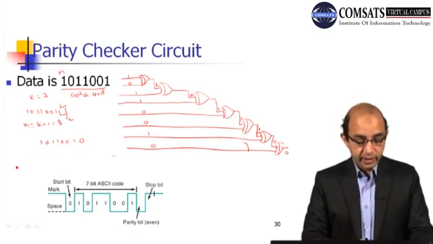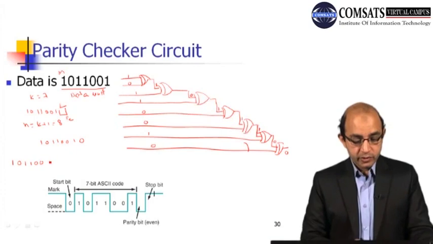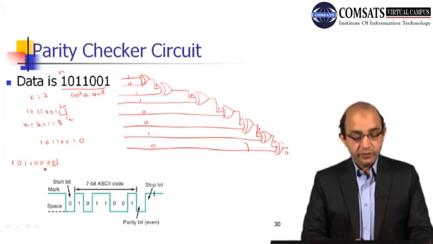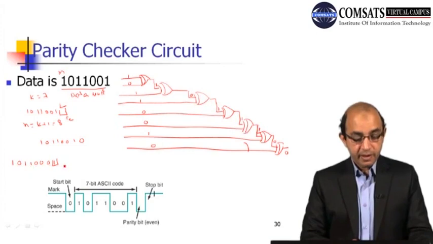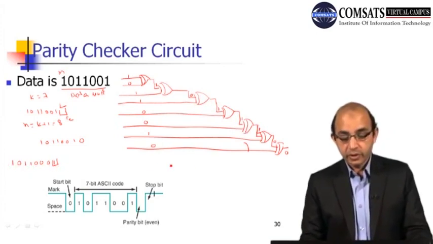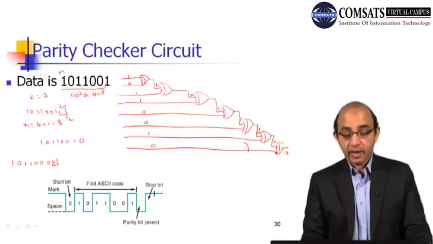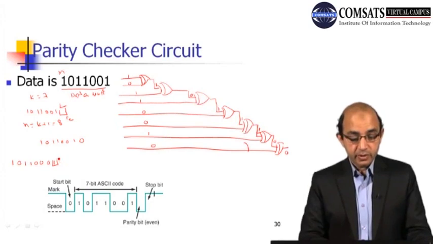So there can be a case, for example 1 0 1 and 1 0 0 0, 1 2 3 4 5 6 7, and we have to place 1 here. So now when we are counting the number of ones, we have to add the parity bit, 1 2 3 4. So now this parity checker should give a 0 when we use this as input.